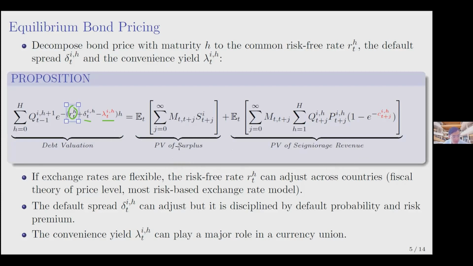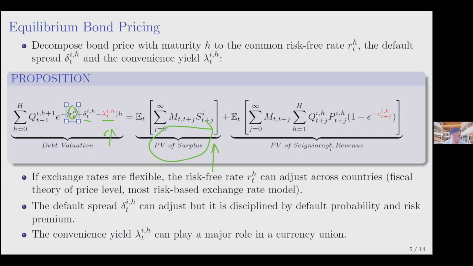In particular, when a country has a stronger fiscal situation, the present value of surplus should go up, and this has to correspond with an appreciation of the debt in the form of an increase in the convenience yield. So this is the mechanism that brings fiscal conditions and fiscal shocks in relation to the observed convenience yields in the bond market.